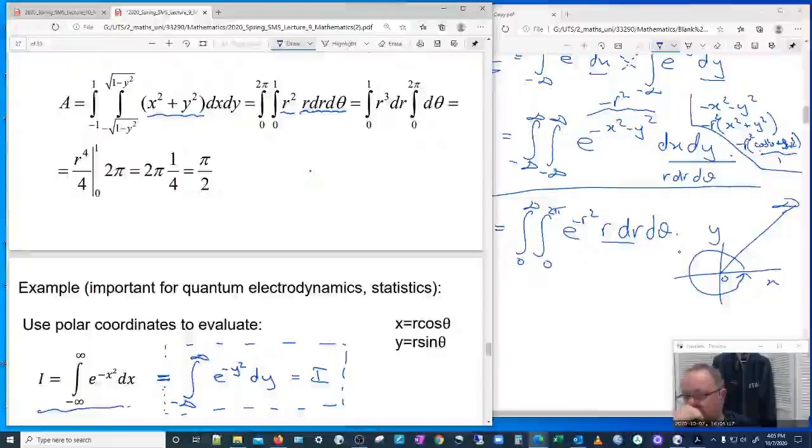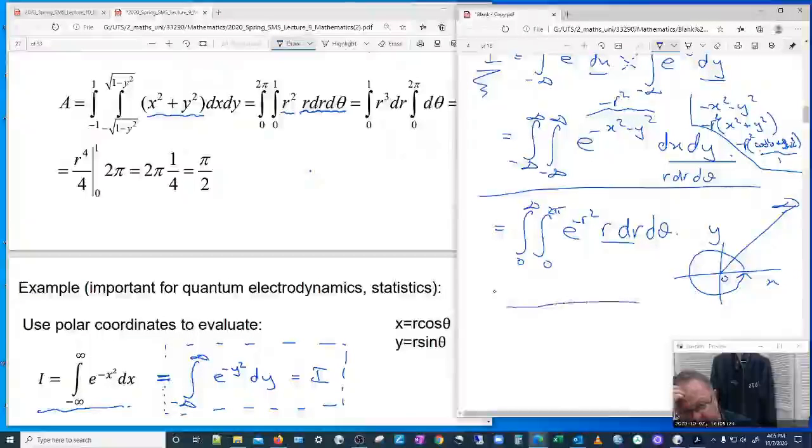Okay. So, what have we got to do now? Well, we've got a little bit of work to do. This is not straightforward by any means because of this chain rule. This is a u substitution. So we'll use the u substitution idea to help us forward with that.